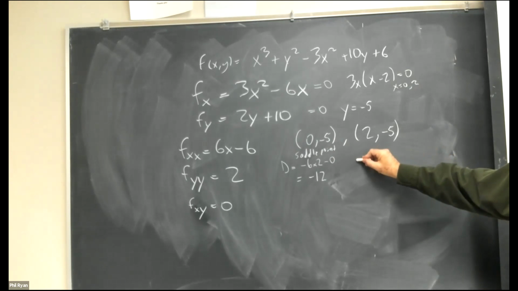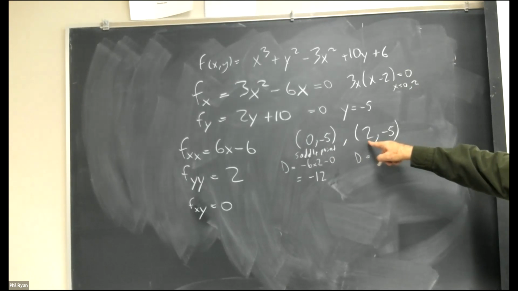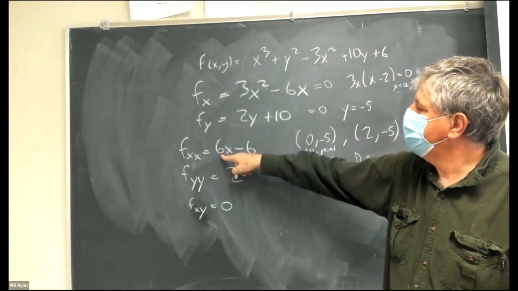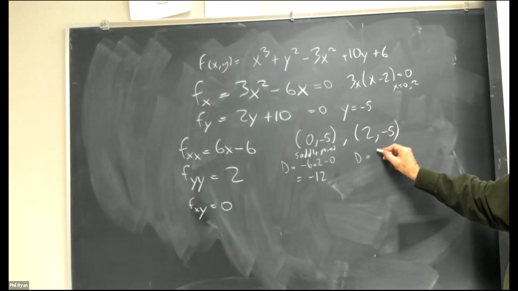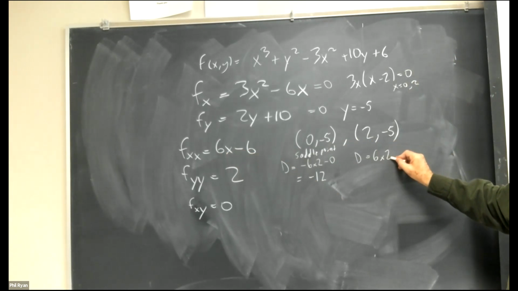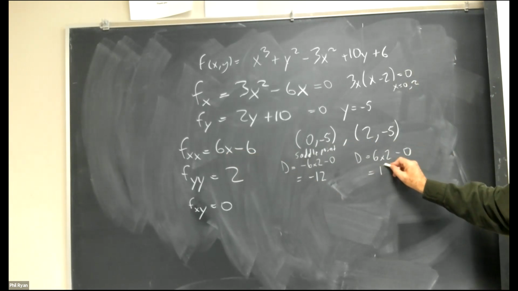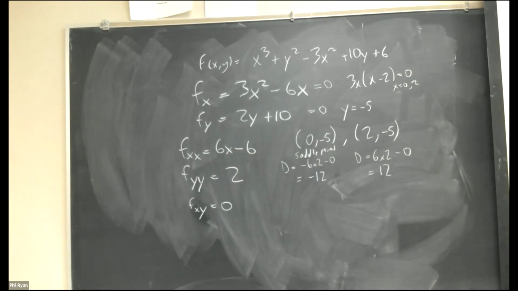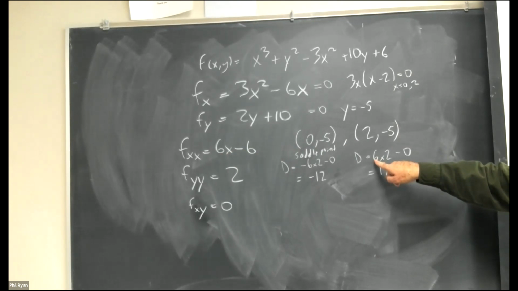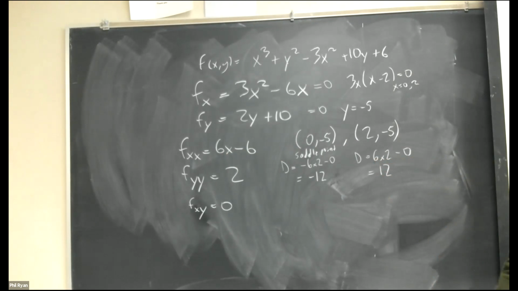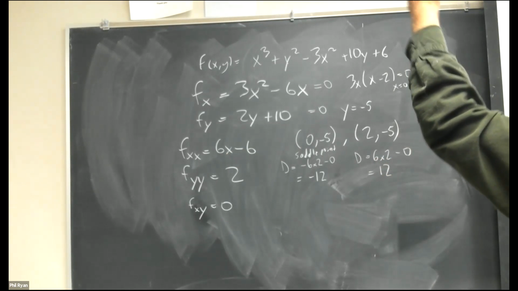Whereas for this one, D equals 6 times 2 minus 0, it's 12. So it is either a max or a min. And we go and see that in the x direction it's concave up, and in the y direction, it's concave up.